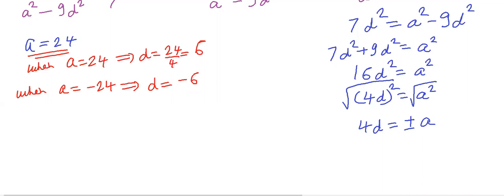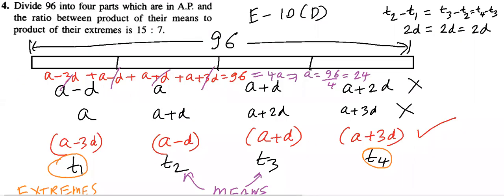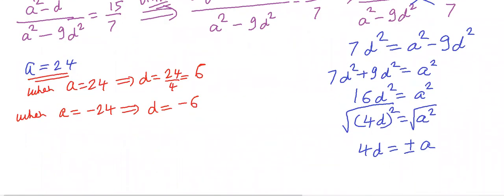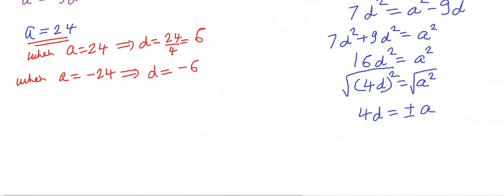Yes. But what is it talking about? It is talking about only parts. Parts cannot be negative. So you have to ignore the negative part. Just consider only the positive part. So my final answer: I need to consider A as 24 and D as 6 only to get the 4 parts.